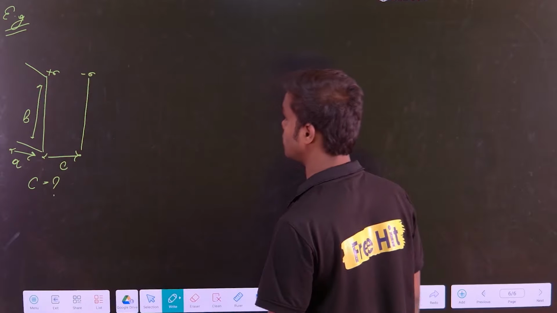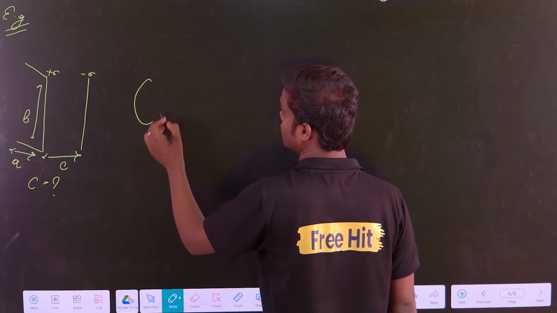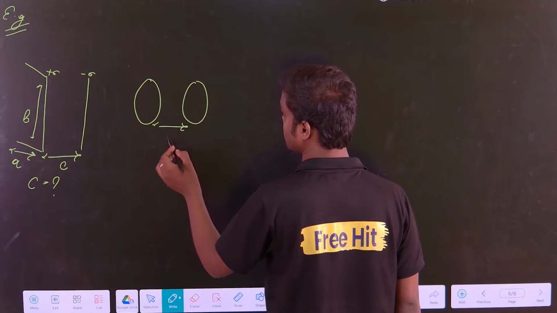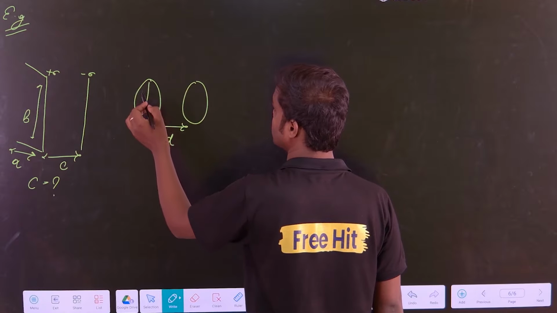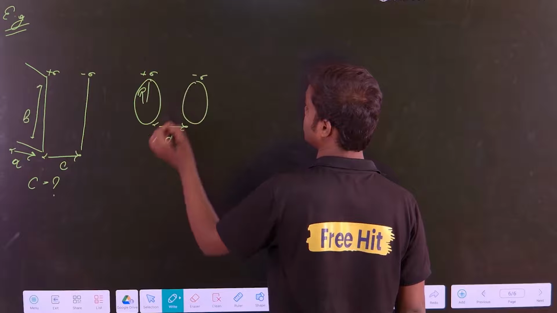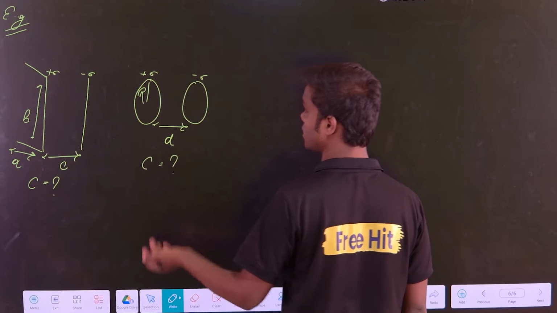Similarly, if I take two circular surfaces with distance d between them and radius r, with plus sigma and minus sigma, then what is the capacitance? I hope you can write these values.